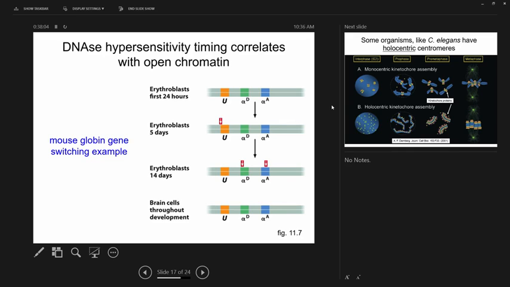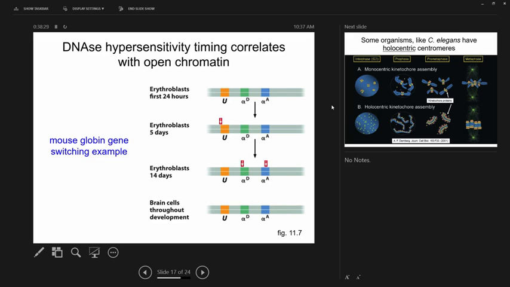These two genes are turned off, this one is turned on. It makes sense, right? The area that's accessible to proteins that are required to turn the genes on for transcription, that also means that same DNA is going to be open to the bad news enzyme that is DNase 1 to chop it up.